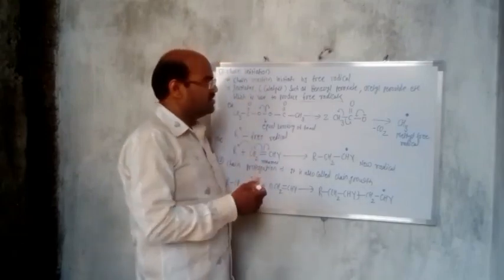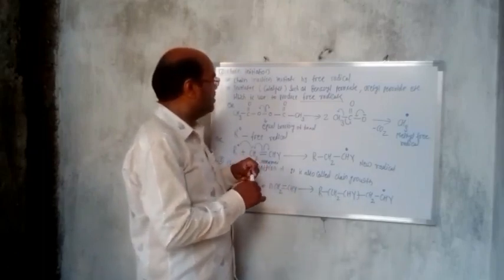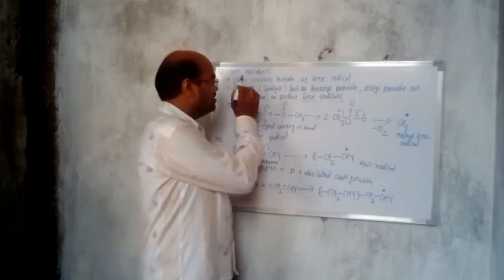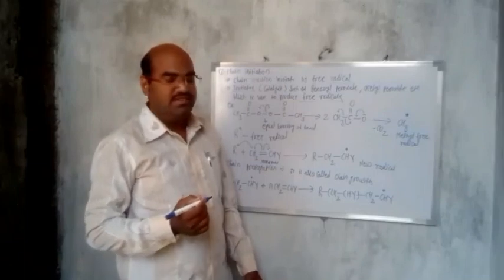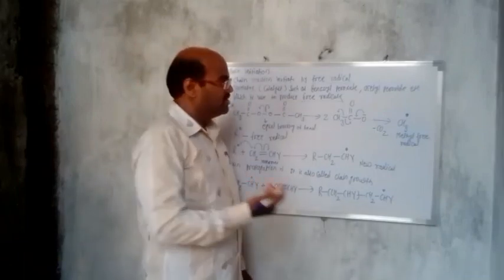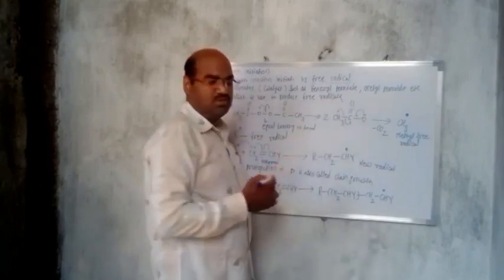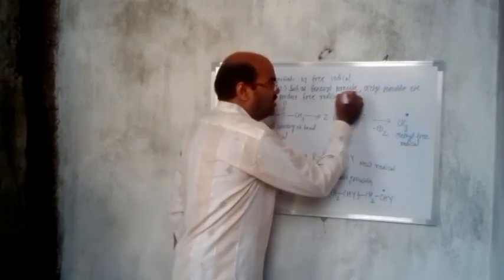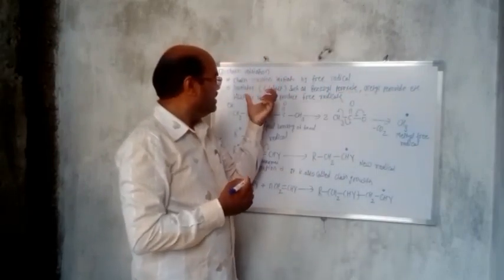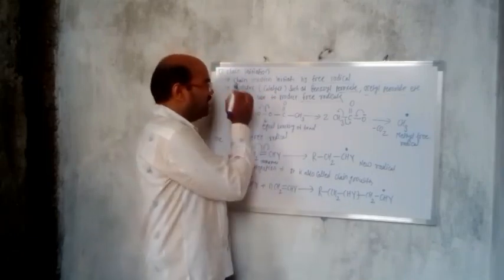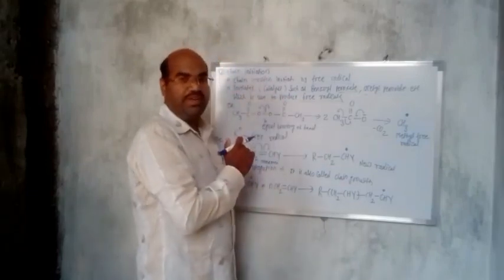Chain initiation means to start the chain. First we discuss chain initiation: the chain reaction is initiated by free radicals, and the initiator is also called the catalyst. In chain initiation, benzoyl peroxide or acetyl peroxide is used as the chain initiator, which produces the free radicals.